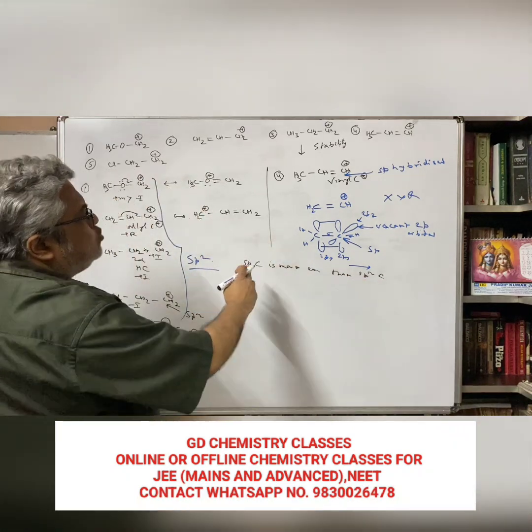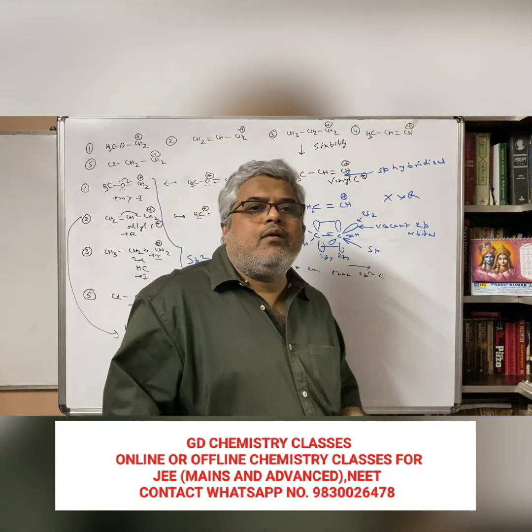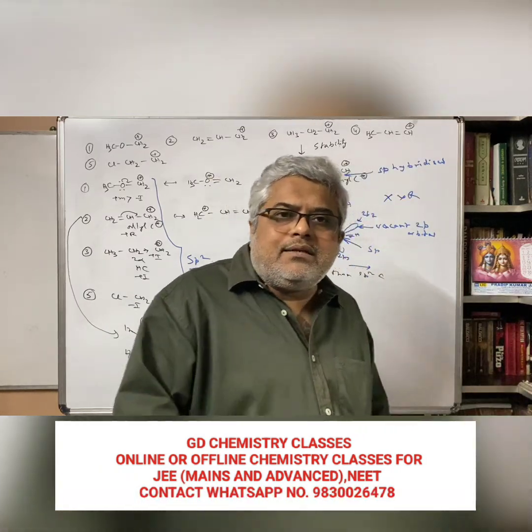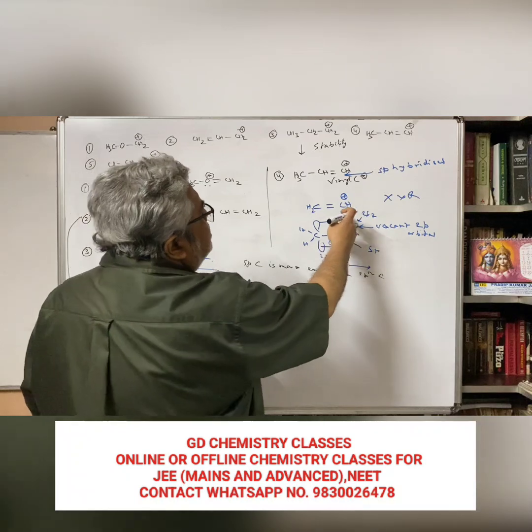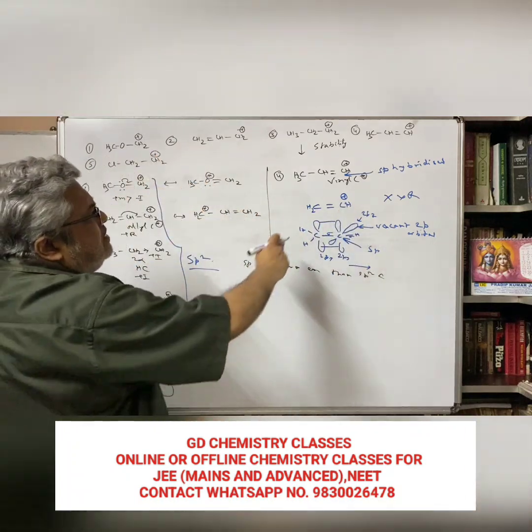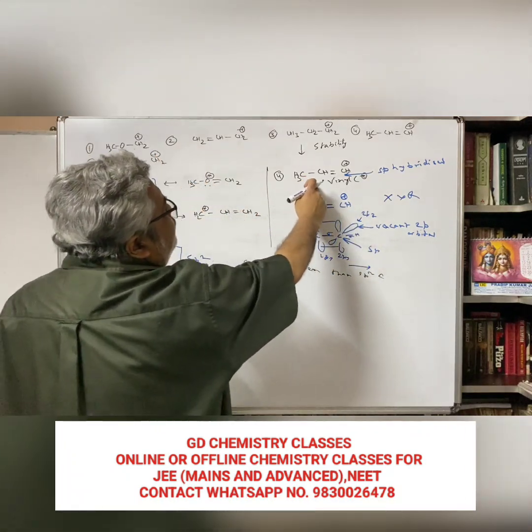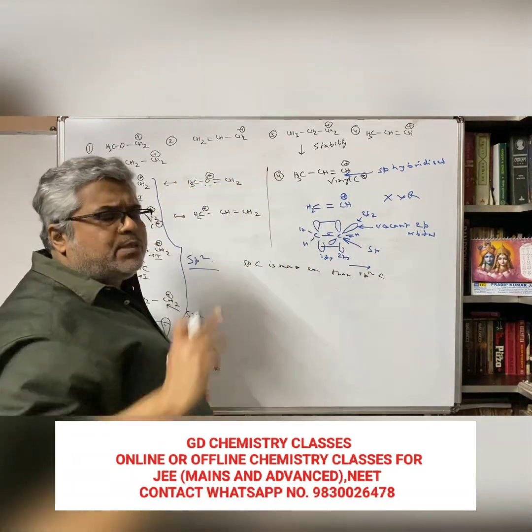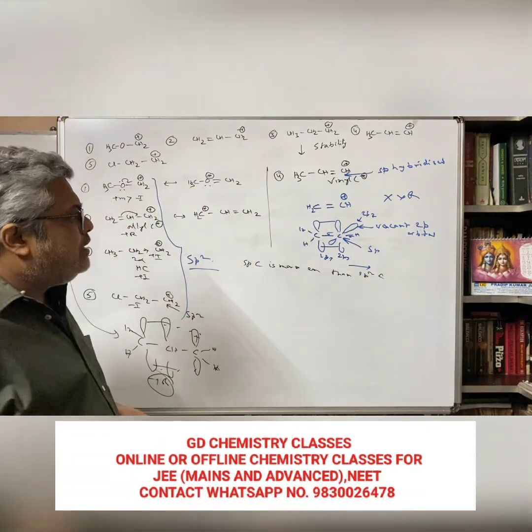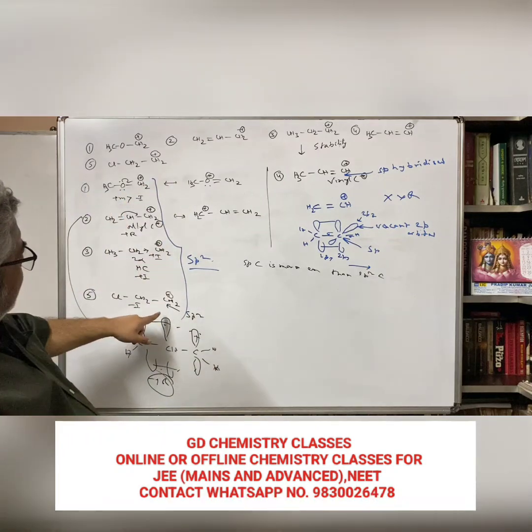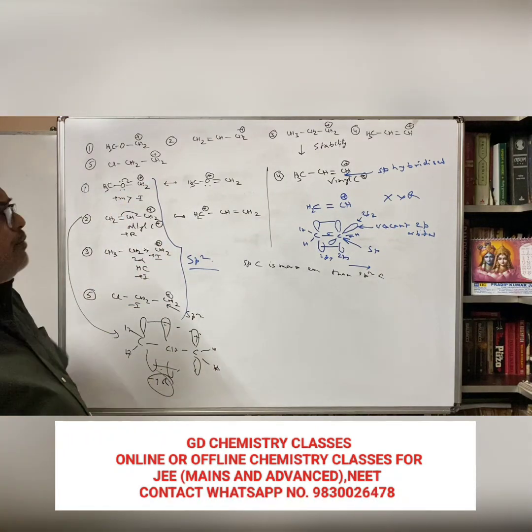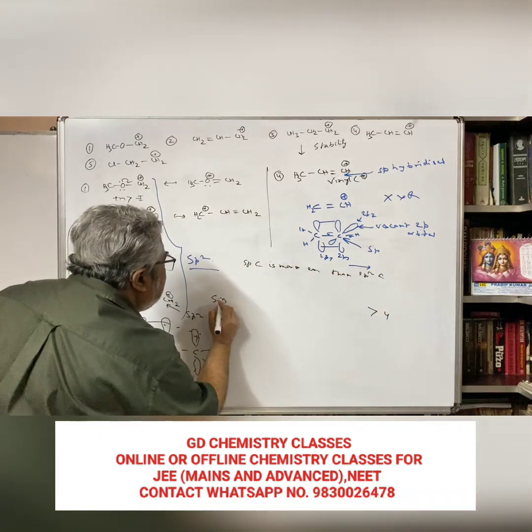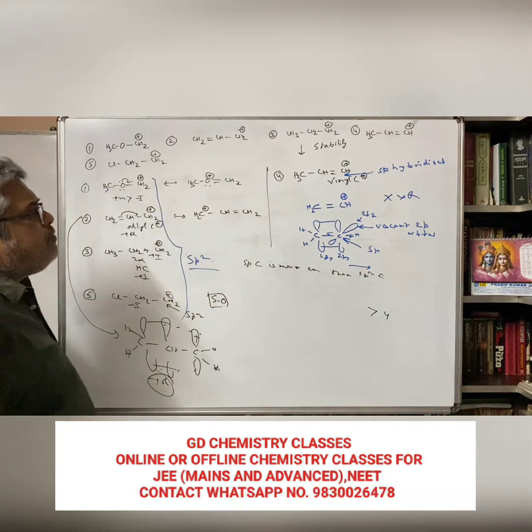So more electronegative carbon cannot accommodate positive charge to a greater extent. So only in number 4, the vinyl carbocation, the carbon is sp hybridized, and in all other cases the positive charge is on sp2 hybridized carbon. So we can simply say 4 will be least stable. We are now doing the stability order.